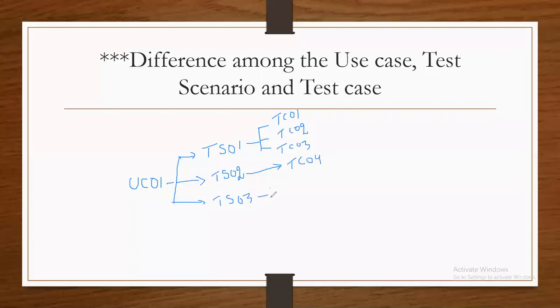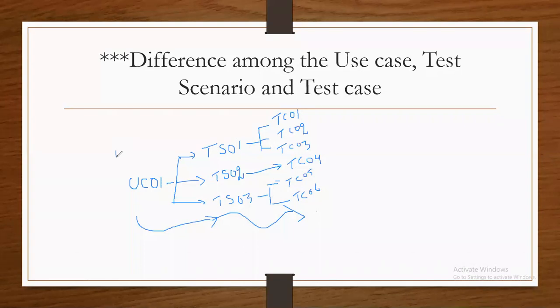Test scenario 3 will have two test cases, TC05, TC06, like this. That is the relation. From the use case, you can derive the test scenario, and from the test scenario, the test case. This is the sequence.